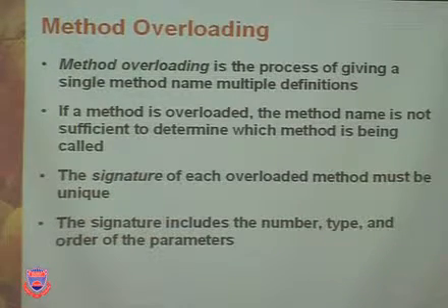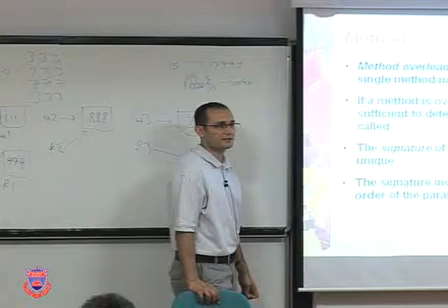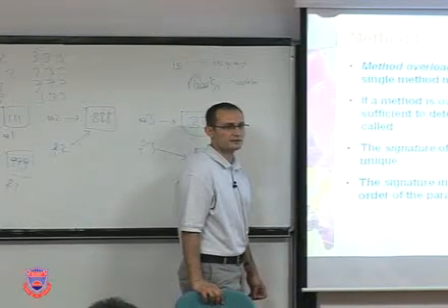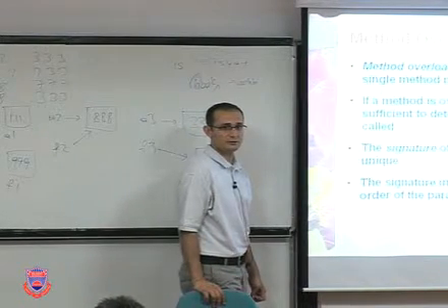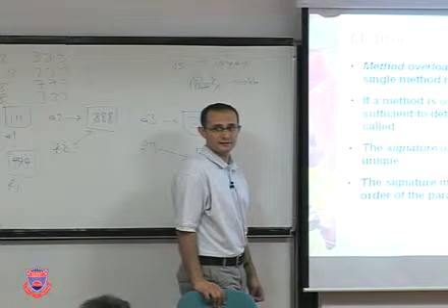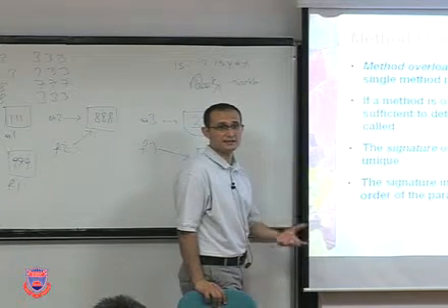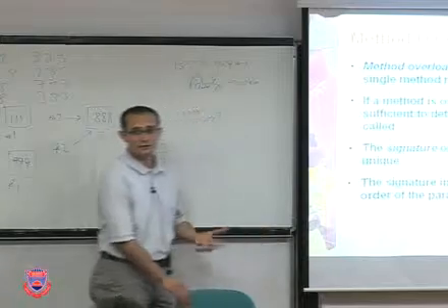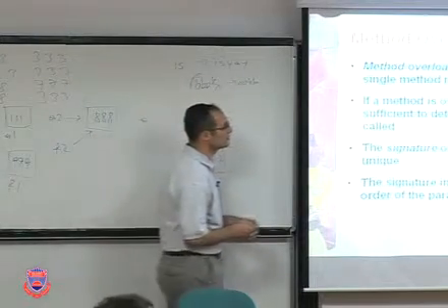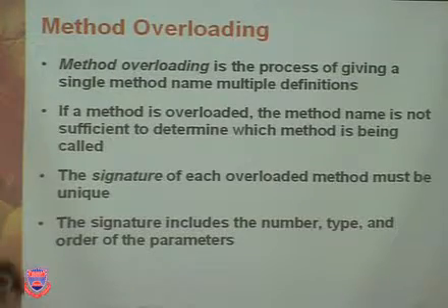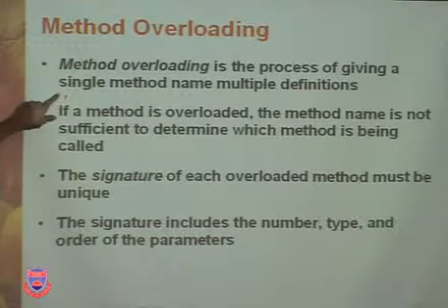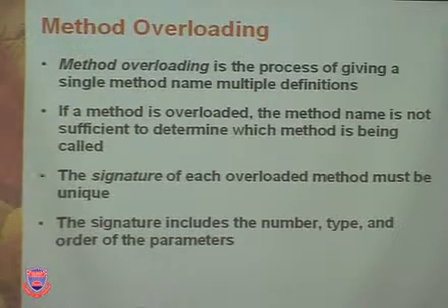You define the same method with the same name but different arguments, so that you achieve the same result at the end. So if you give a single method name multiple definitions, that's called method overloading.